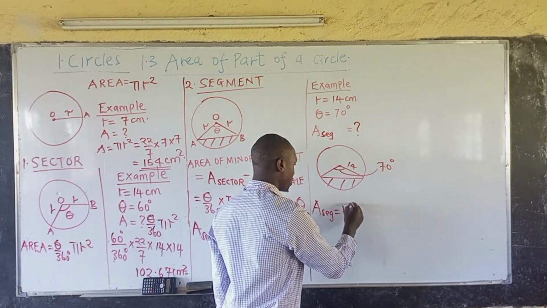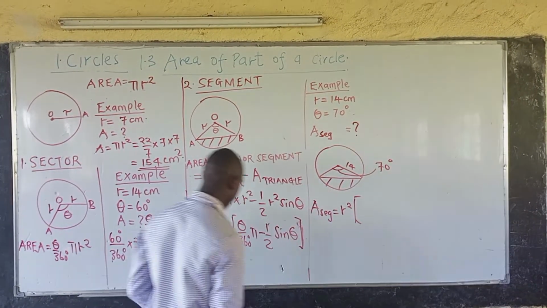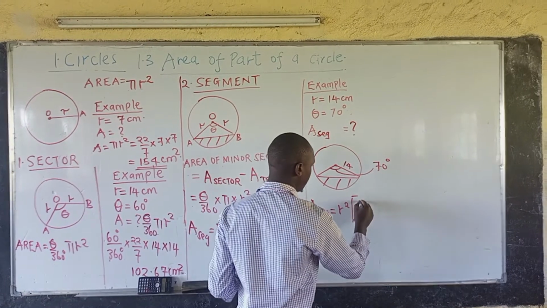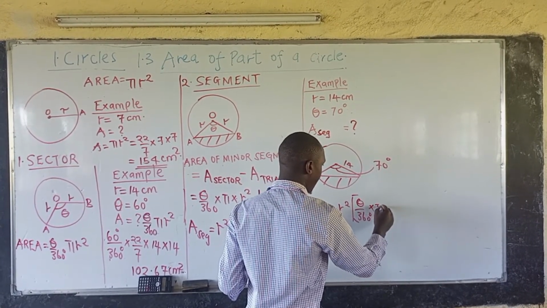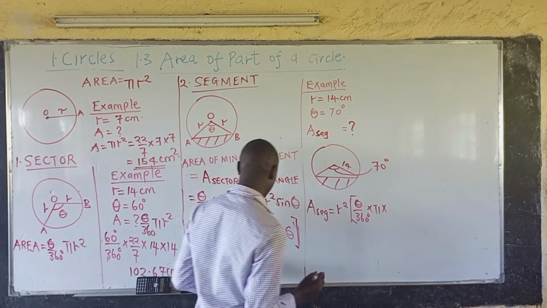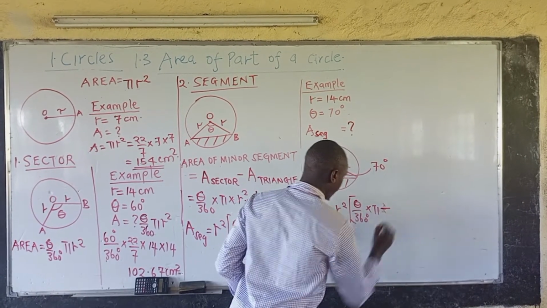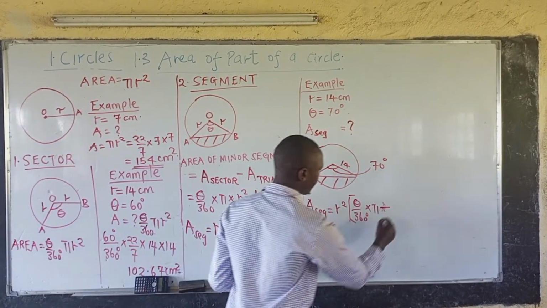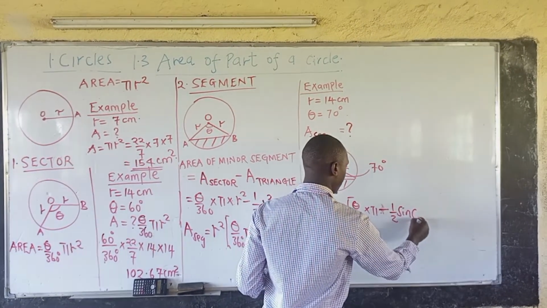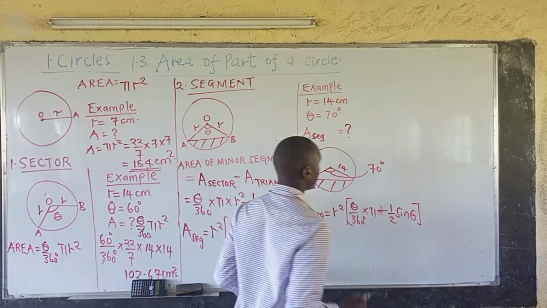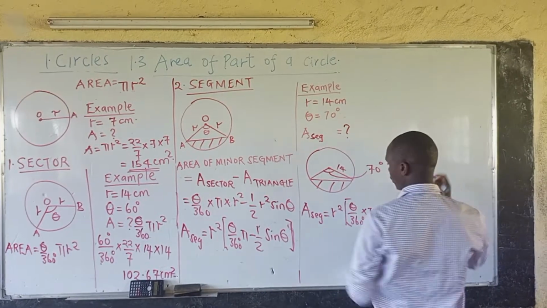We're going to use this formula here because the area of the segment is going to be equal to r squared multiplied by theta over 360 degrees multiplied by pi, minus a half sine of theta. So let me just use this rule here.